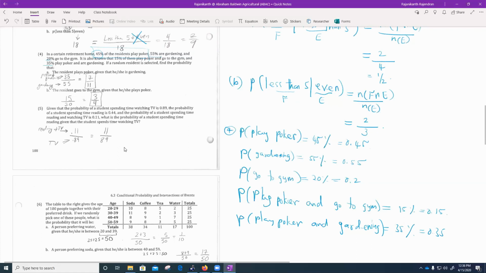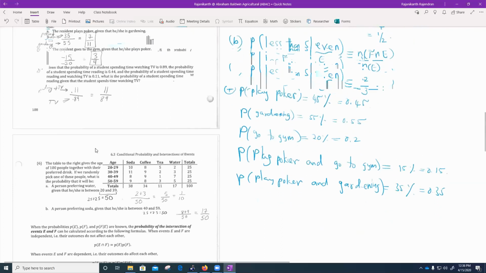The question is, if a random resident is selected, find the following probabilities. The first part is, what is the probability that the resident plays poker, given that he or she is gardening? So you see the way I'm writing. I'm just writing the given conditional probability in symbolic way, right?